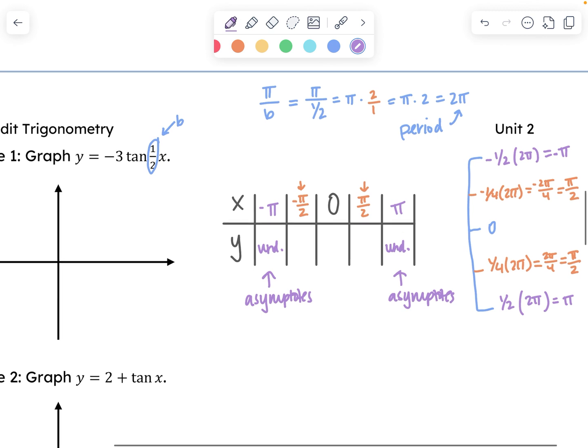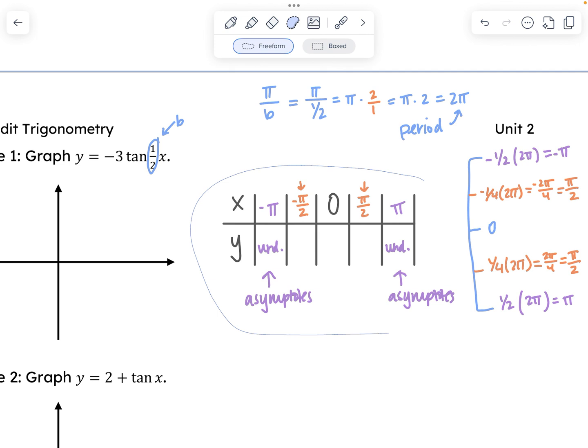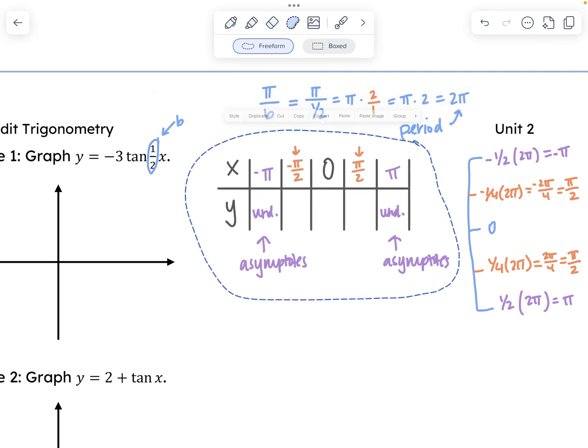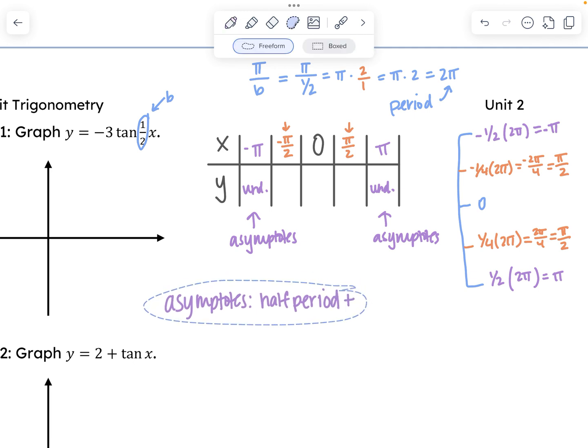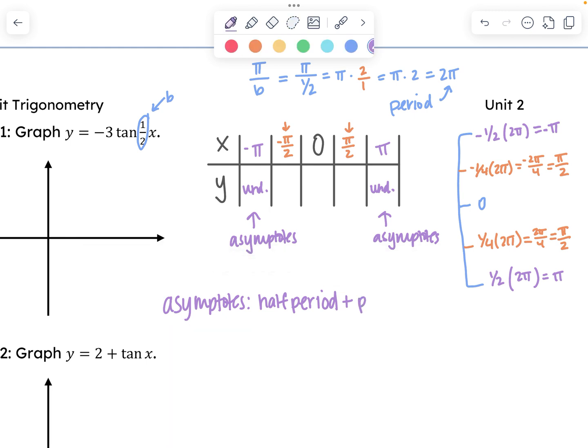Another thing is that you might have to write the equation for the asymptotes. And so to write that, the easy way to find the equation is that the first part is half of the period. And then plus whatever your period is times n. And they are vertical, so they are going to be x equals.